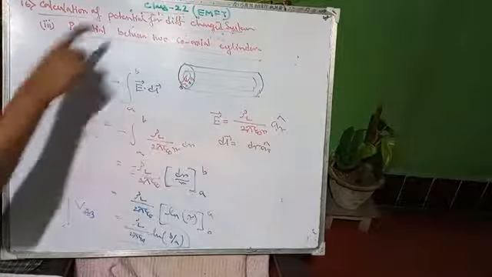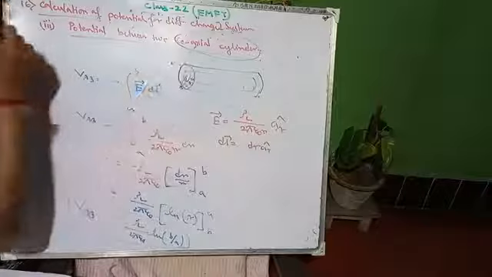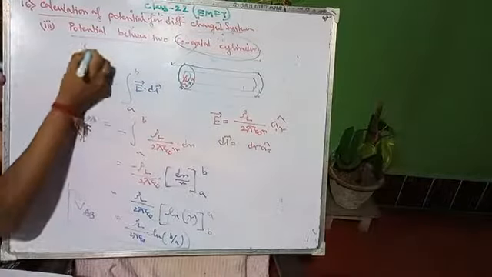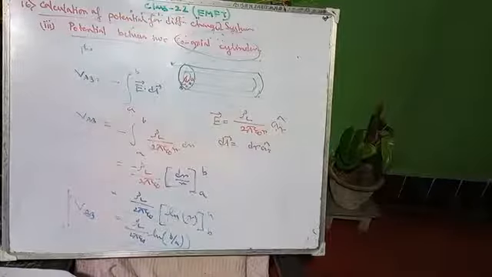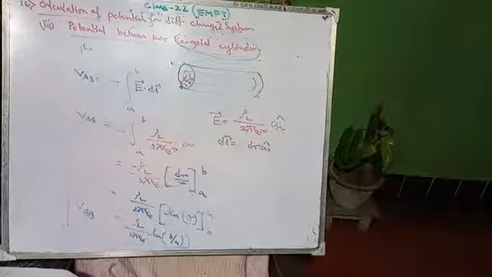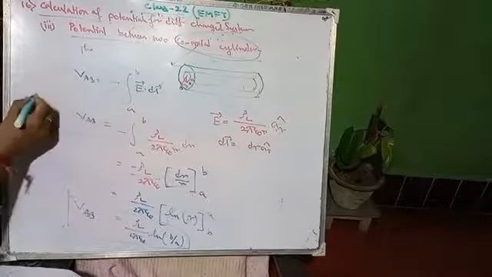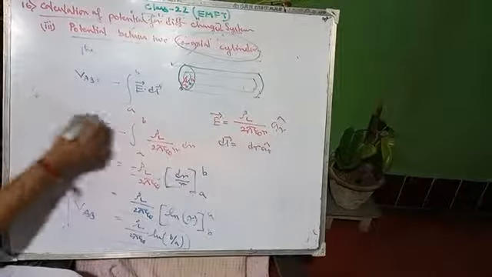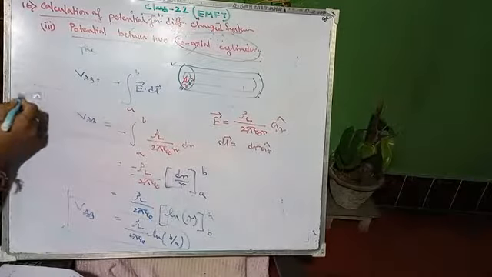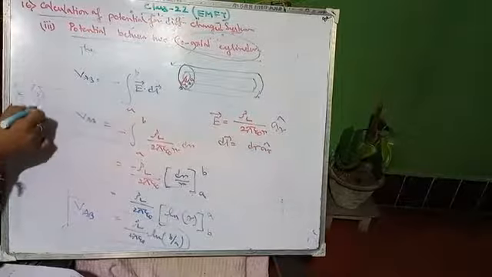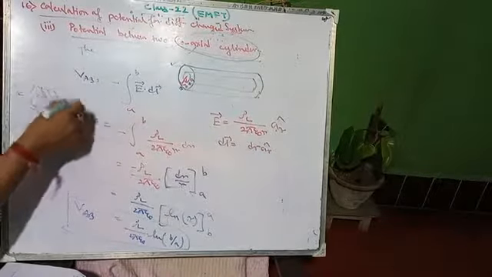The application of it is very much important. Two coaxial cylinders means the potential difference between any power cable will be this one. There is a type of power cable where you have this type of thing: inside a cable is there, and outside is the sheath, the external conductive part.